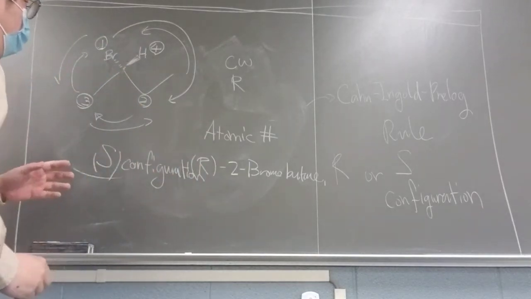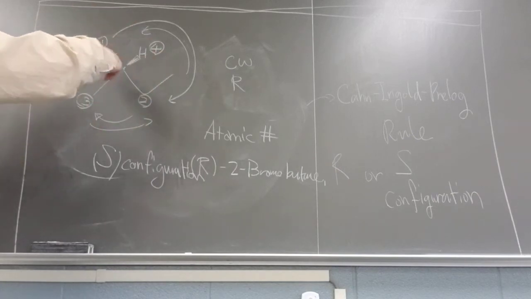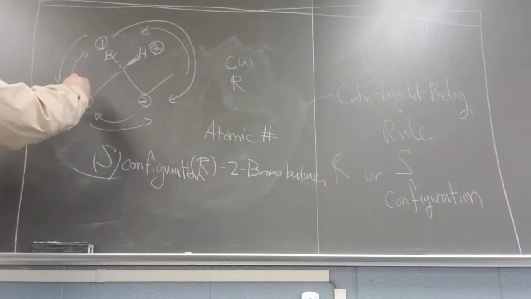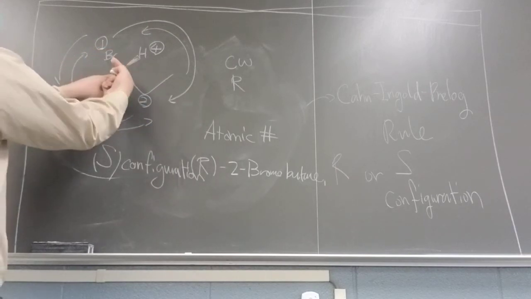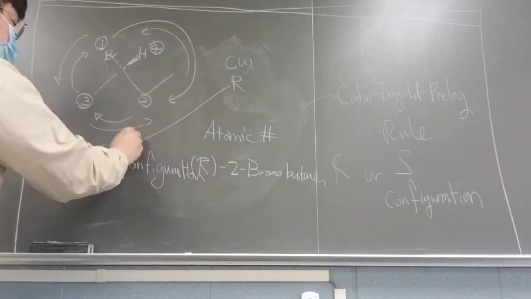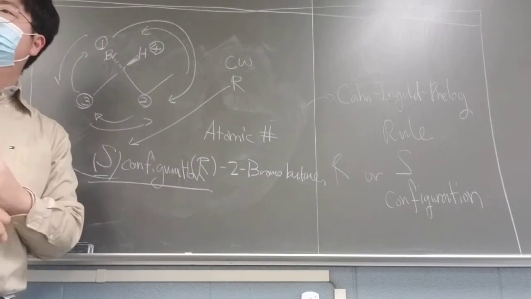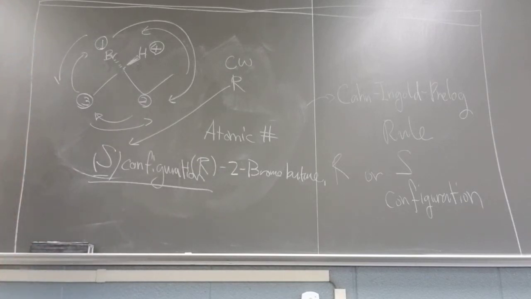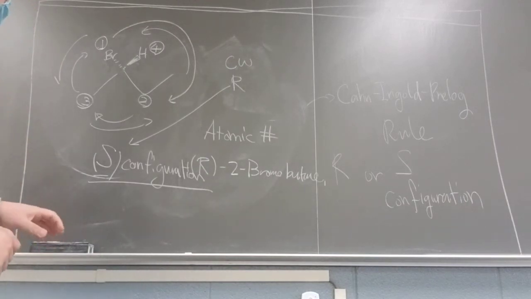So once you find out the rotation direction by following the higher to lower priority groups, and then you see the number 4 is heading toward you, just flip it. So it was once R, but indeed it was actually the S configuration. Okay, that's pretty much it. Kind of makes sense, right?